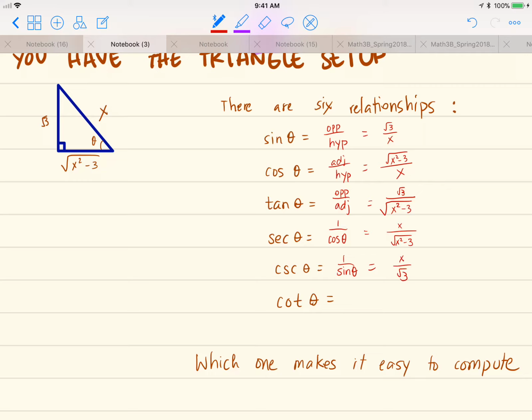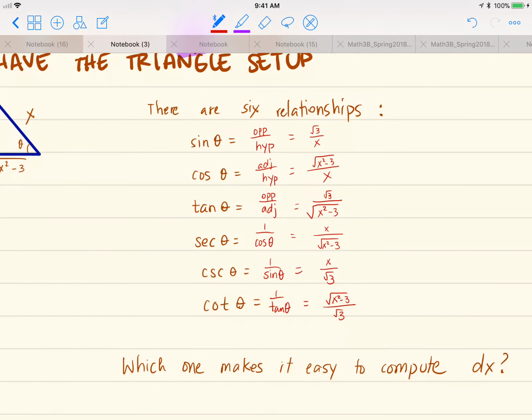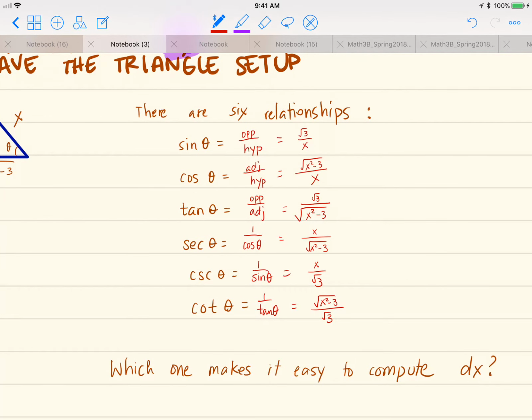And cotangent is the reciprocal of tangent, so that's just the square root of x squared minus 3 over square root of 3. Now, we've got all these different relationships, and the question is, which one makes it easy to compute dx?